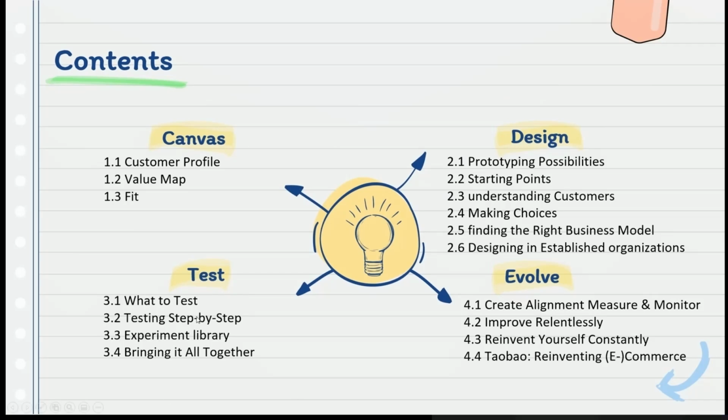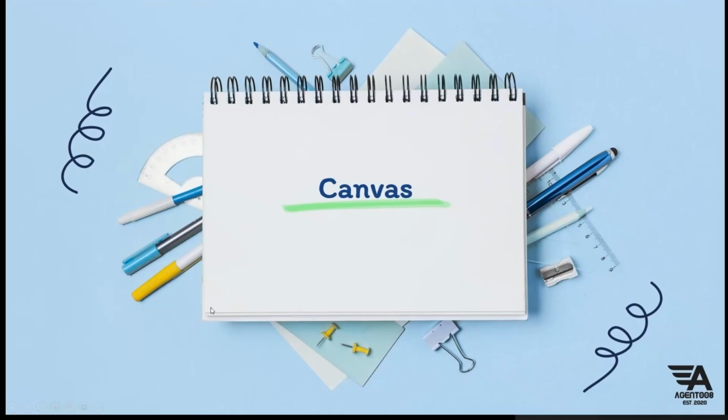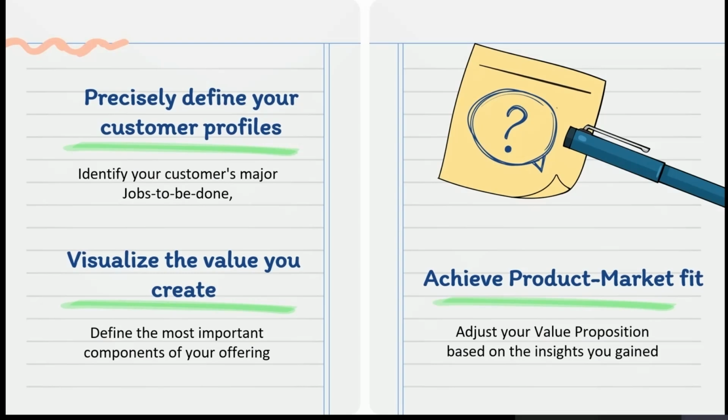So what do we mean by canvas, or what kind of things do they have for the canvas within the book? The value proposition canvas has two sides. As I mentioned before, they focused on the customer profile, where you can clarify your customer understanding, with the value map, which is the second part of the canvas that we need to work on.